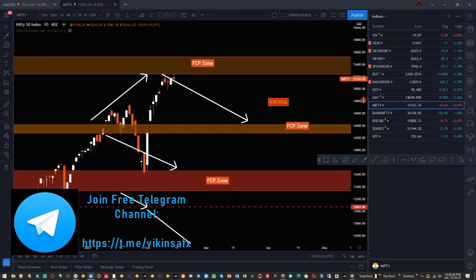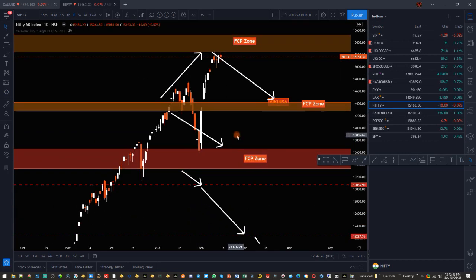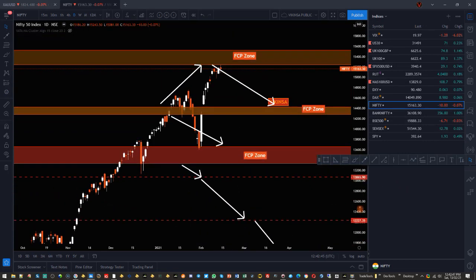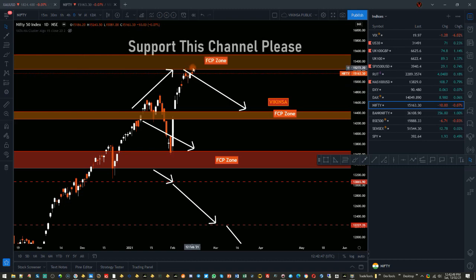However, as S&P 500 or US30 will probably go up a little bit, it can also go deeper into this FCP zone. But I'll be very careful in taking any kind of swing trade positions on NIFTY as well, because this is overstretched and it's right there in the FCP zone. If I get a confirmation to go short, then I will go short, but I'll be very careful in taking long positions now.